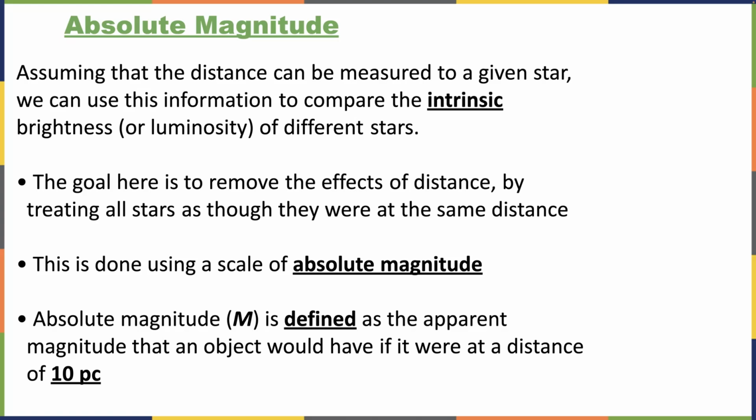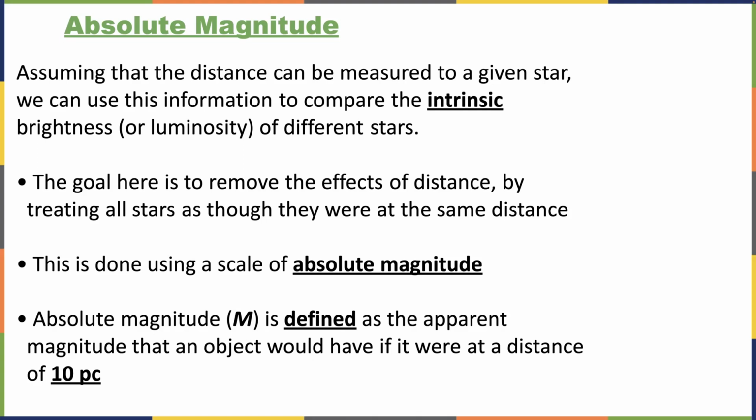For example, we have our own Sun in our solar system. It seems to be very bright compared to Sirius, but when you look at the actual luminosity values, we know that the Sun is not the brightest one. Sirius is more luminous, right? Because of that, we should have a way of comparing these actual brightness values. Now, this is where the absolute magnitude comes into play, right?